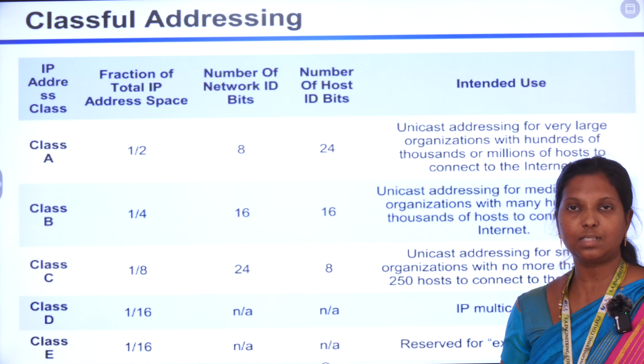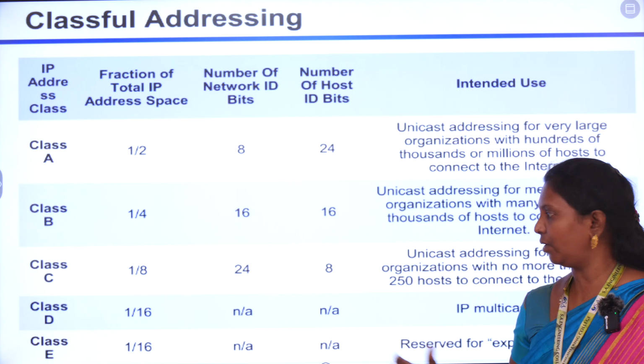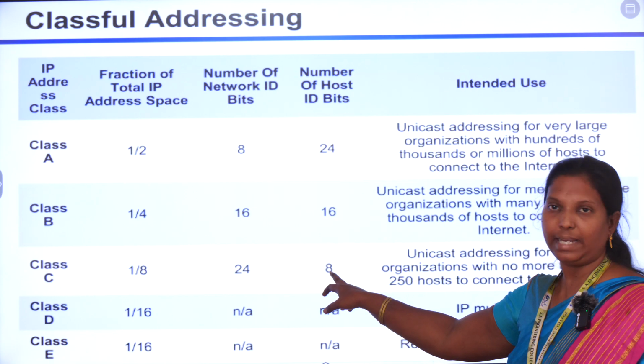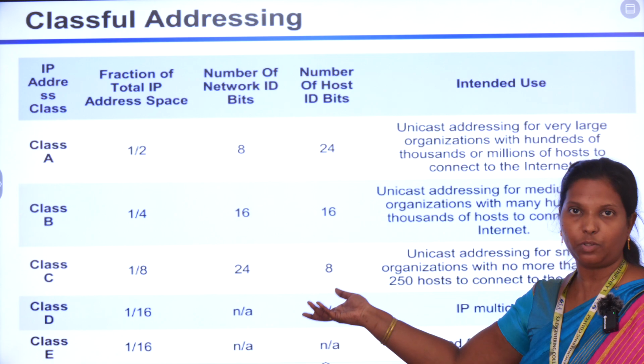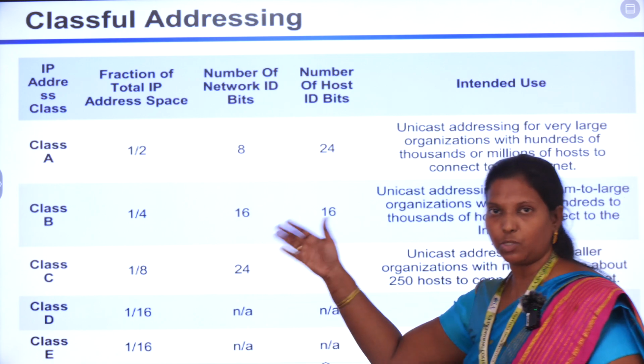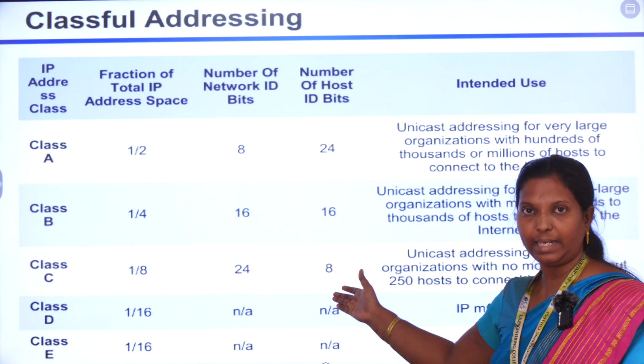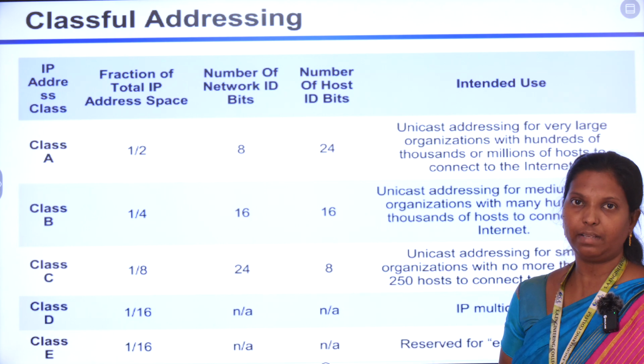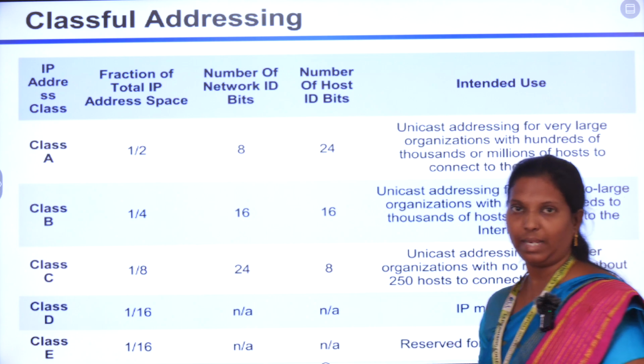This is the major structural unit of class C, where the network mask will be 24, and within the 8 host bits I can give about 250 host IDs.